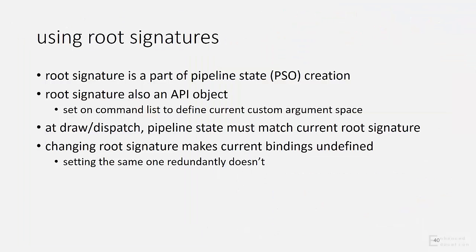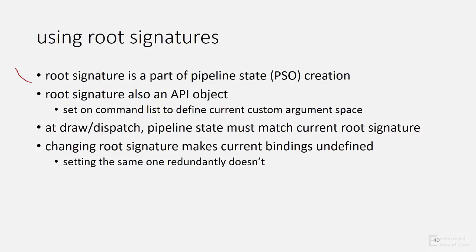We'll now dive into the specifics of how root signatures are used at the API. There are a couple of places where root signatures show up. One of them is that you pass a root signature into pipeline state object creation, and that allows the driver shader compiler to hard code the details of the root signature in the actual shader machine code.